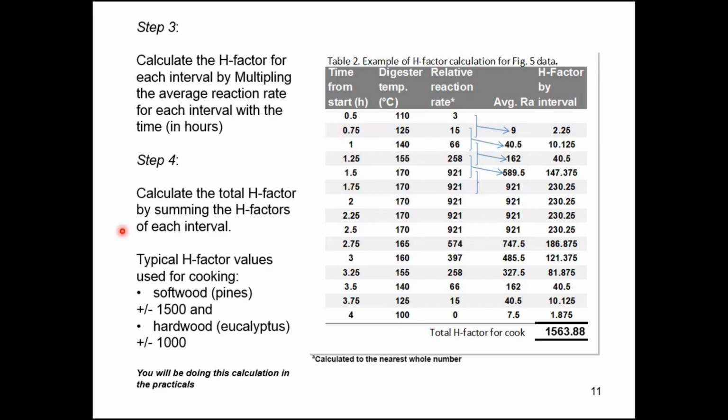Okay, and then, as I've said, softwood and hardwoods tend to cook at different H factors, and you will also have to now figure out which one the assignment asks you to cook. So for which one did you calculate the H factor?